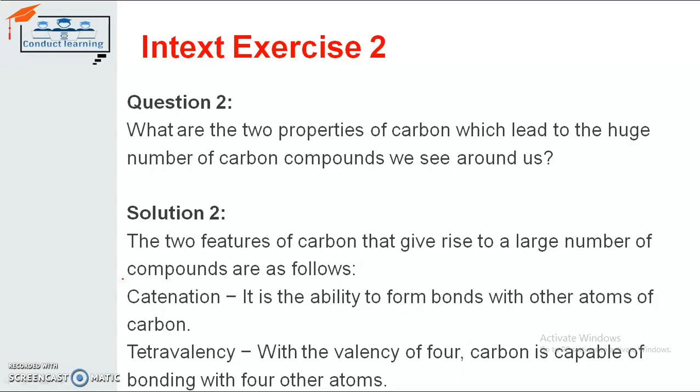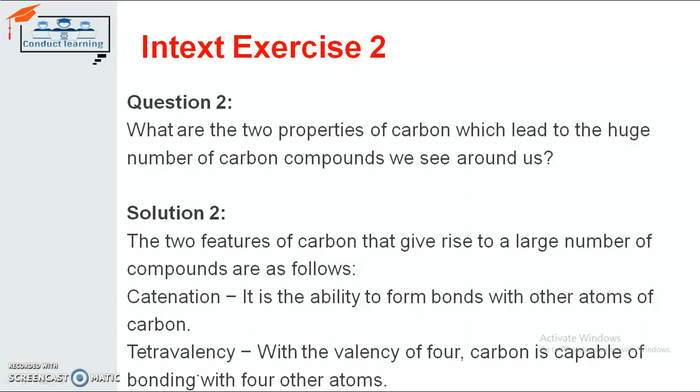The second one is tetravalency. That means it has a valency of 4. Tetra means 4. So it can make bonds with other monovalent elements which have a valency of 1. So that's why it has a large number of carbon compounds.